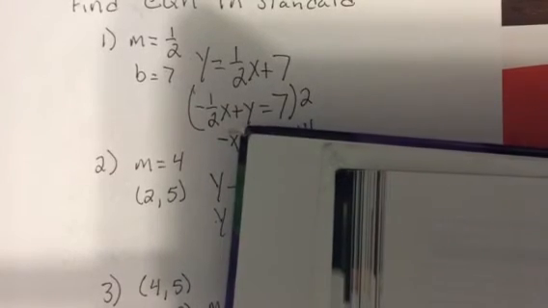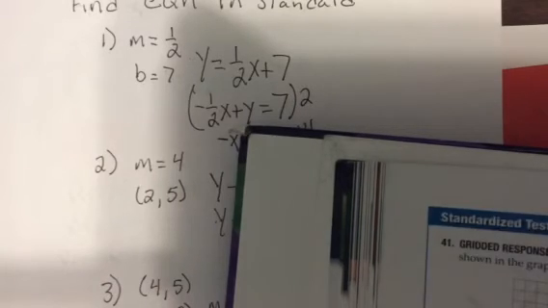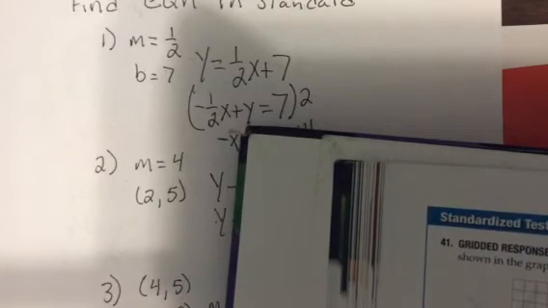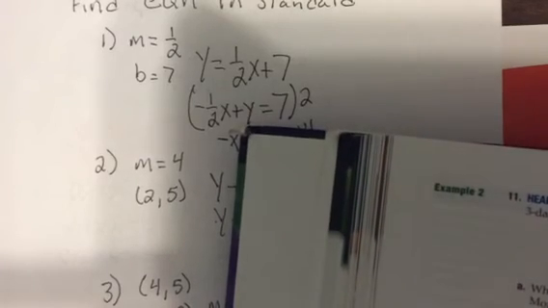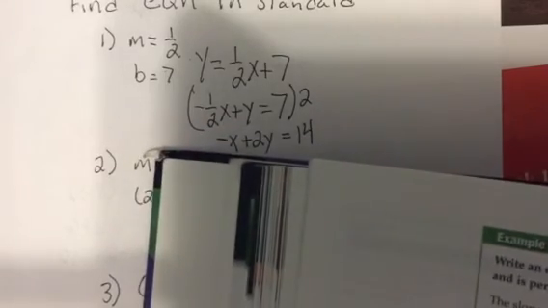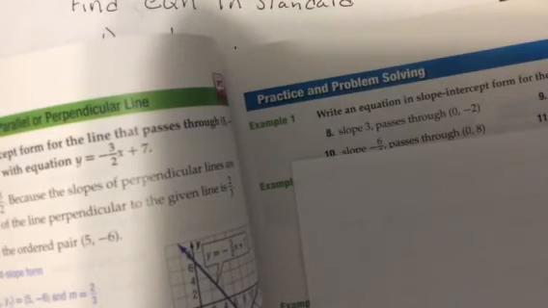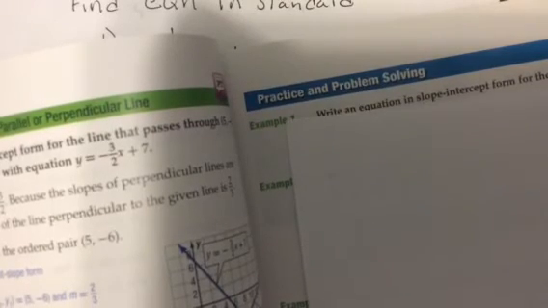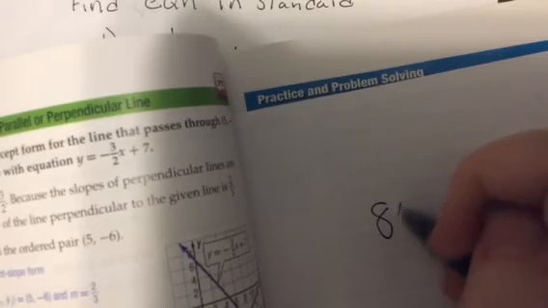Now for your fun tonight, we're going to go from the book, which we haven't used in a little while. Do page 87, that's an 8 with a 7. We'll do 86 and 87.